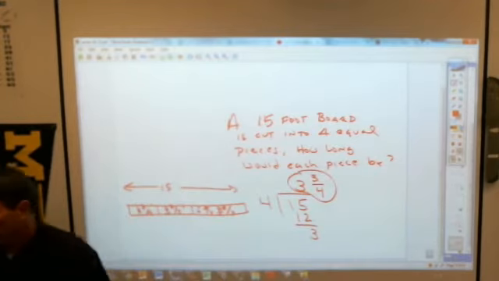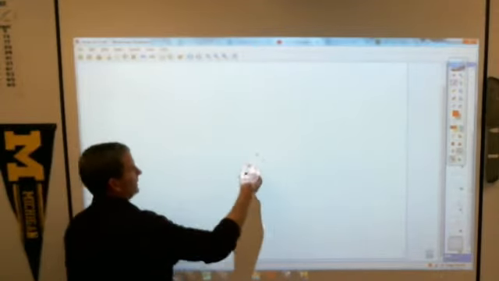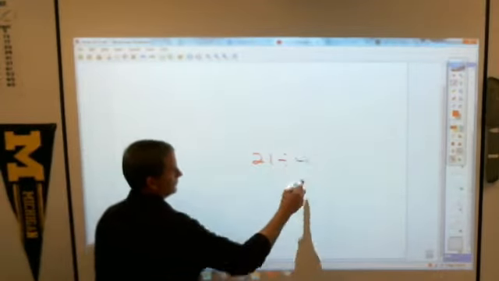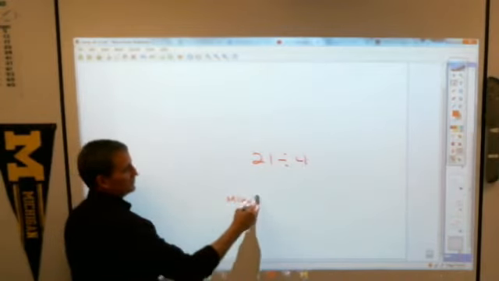I believe generally they will tell you that you need to write your answers as mixed numbers. If they tell you to write it as a mixed number, that's what you need to do. You will still have to do regular division problems. You can leave remainders, but if they tell you to write your answer as a mixed number, that's what you need to do. Let's do one. What if the problem is 21 divided by 4? As a mixed number, what is my answer?